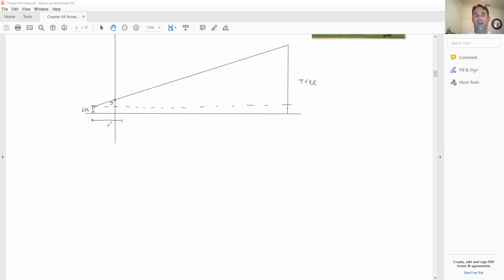So let's let this person come 100 feet closer. And this time when they came 100 feet closer, when they spotted the height, they noticed that it was 8 degrees.